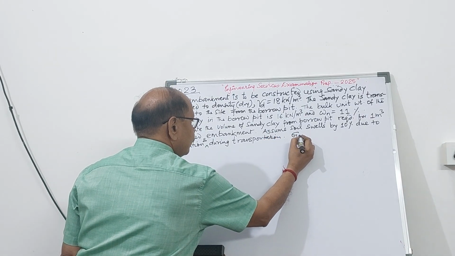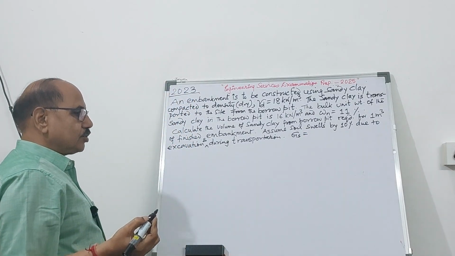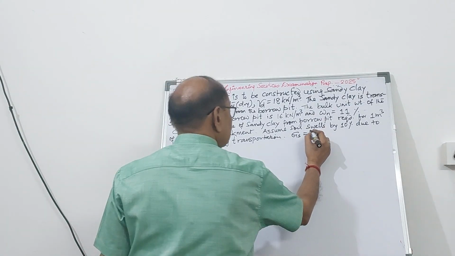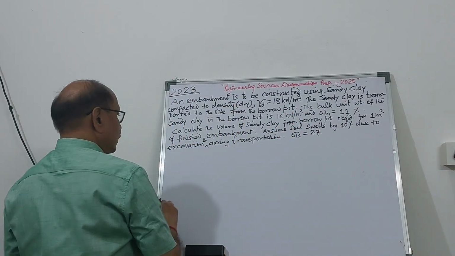Take value of a specific gravity of soil solids equal to 2.7.